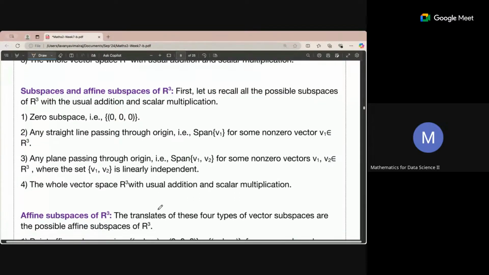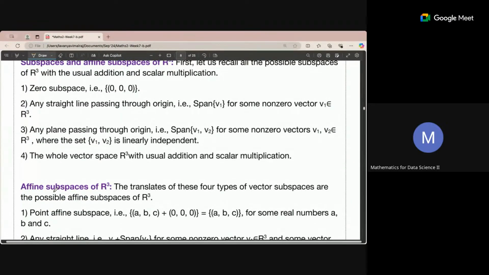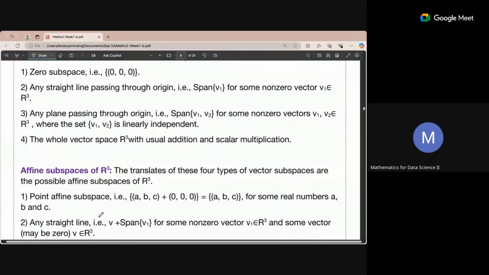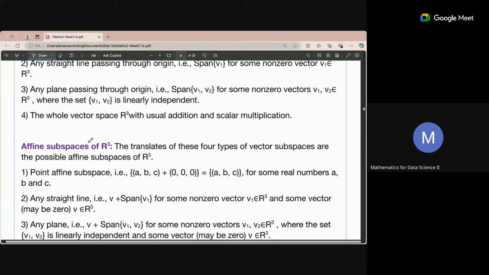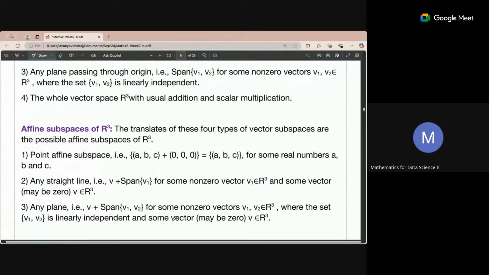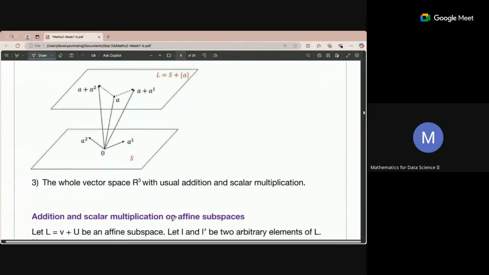Now what are all the translations which contribute to the affine subspace? As usual, the zero subspace translated to some point in R3. So any point in R3 is an affine subspace. Then any straight line you consider will be an affine subspace. Similarly, any plane is again an affine subspace. And then of course the entire R3.